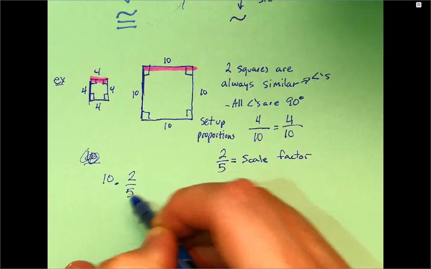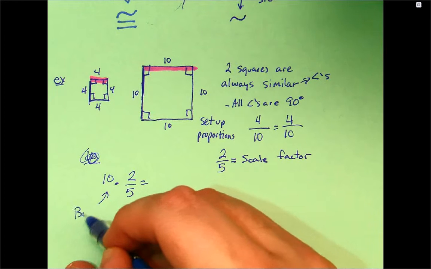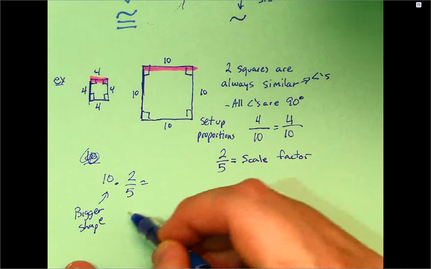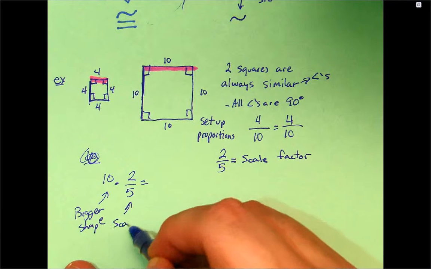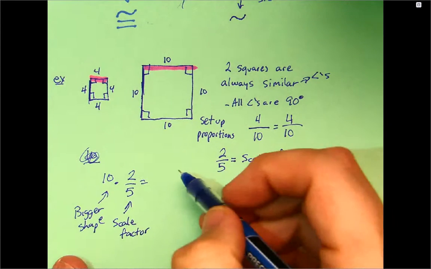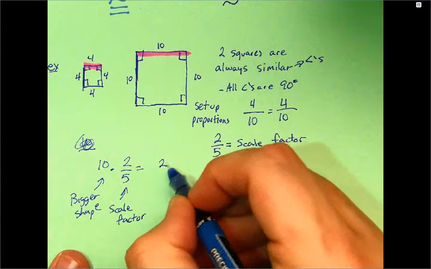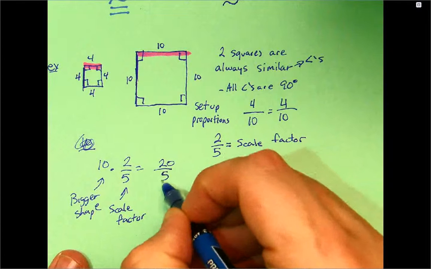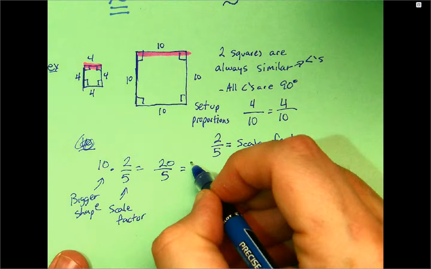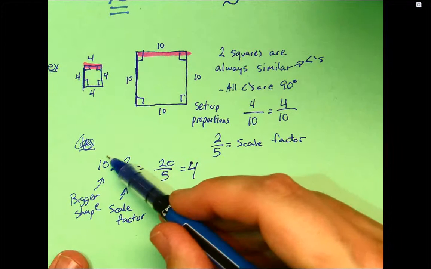So I took the bigger shape and multiplied it by a scale factor. Well, 10 times 2 is 20 over 5. Well, what's 20 divided by 5? 4. So that 10 comes from that side, that 4 comes from over here.